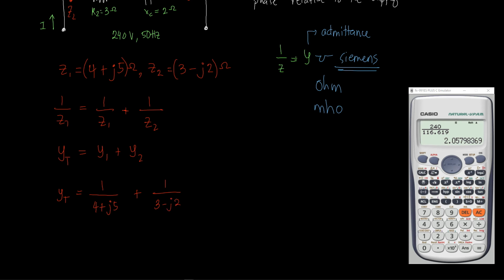Okay? Solve na to ang 1 over 4 plus J5. So, multiplyan na to og conjugate.